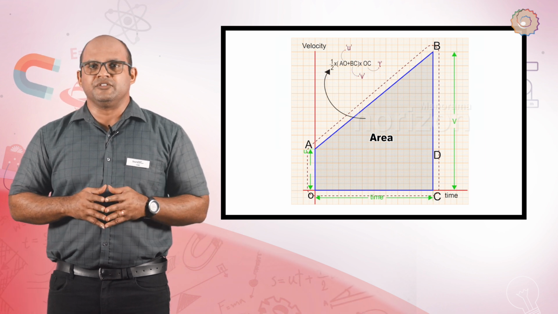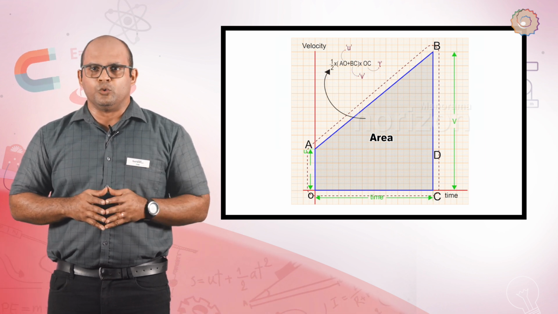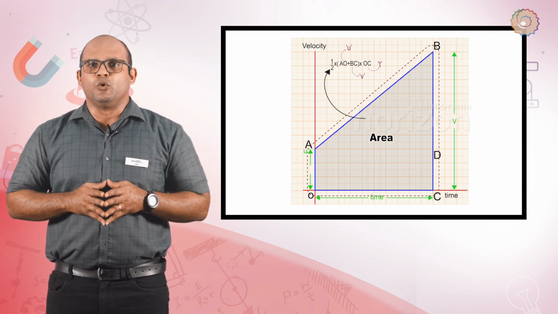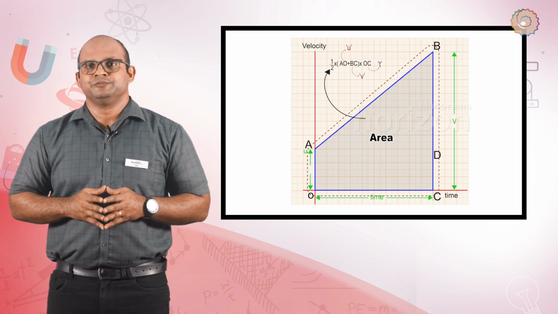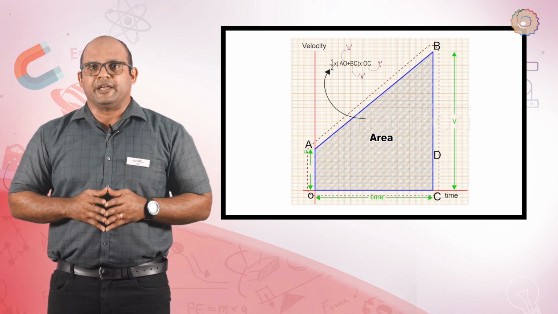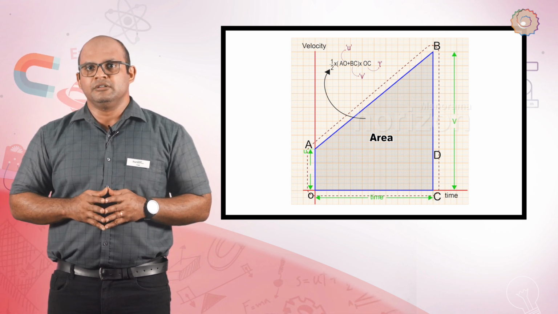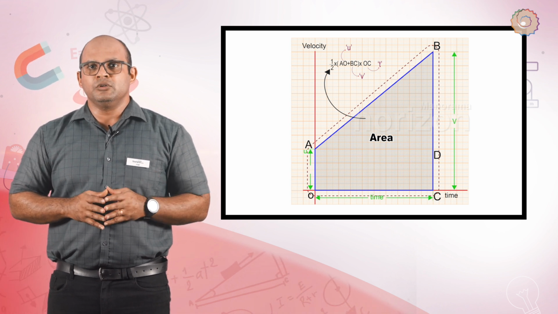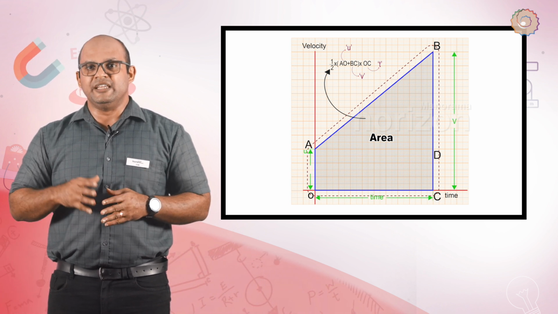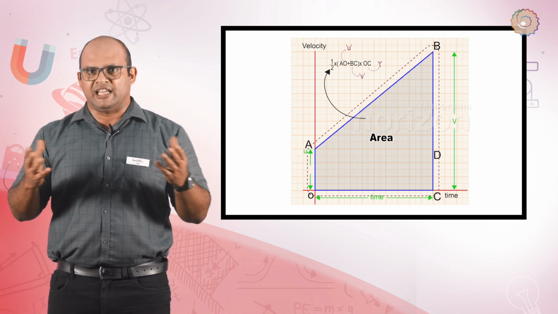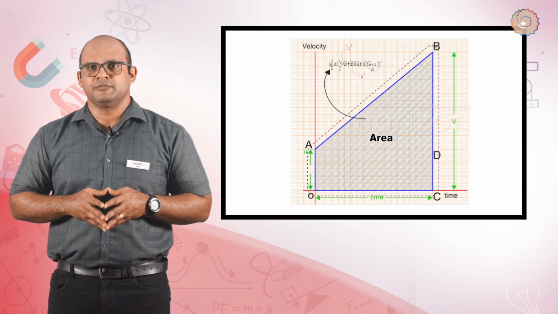Looking at the graph, we can see that the sides AO and BC are parallel to each other, and the side OC is perpendicular to both of them. So we get the relationship half multiplied by AO plus BC multiplied by OC, where AO corresponds to u, BC corresponds to v, and OC corresponds to t, the time interval over which the observation takes place.